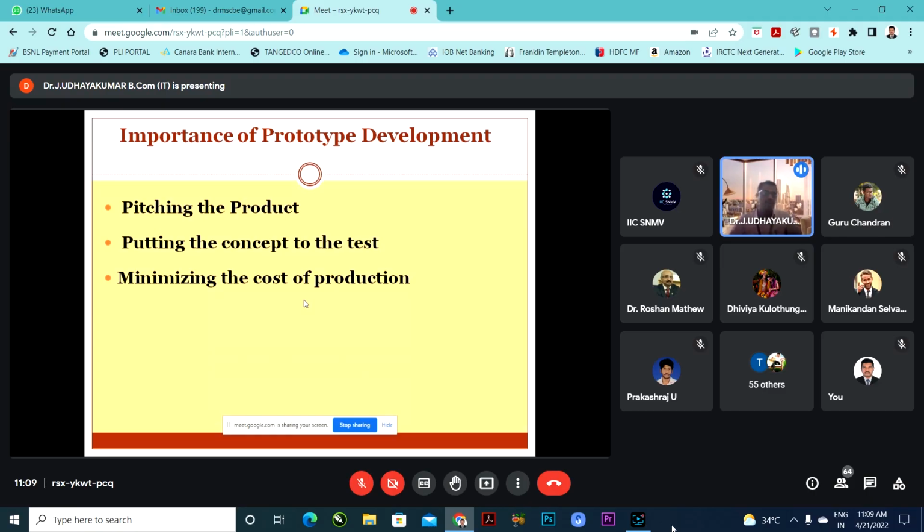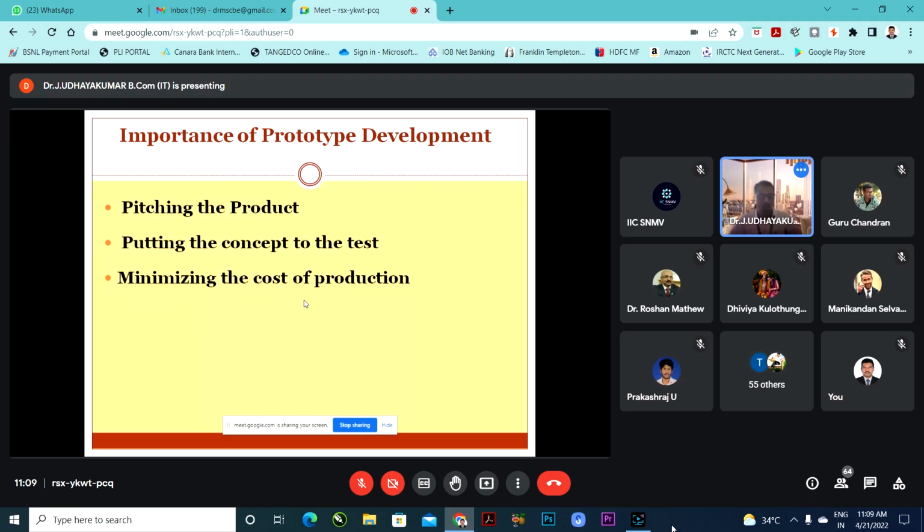But the prototyping cost is low compared to the final production, and the amount spent on the prototype is insignificant compared to the stakeholders' investment. The prototype helps determine all the revisions the manufacturer has to make to the product, so a more accurate estimate of the production cost can be determined. This is the main importance of prototype development.